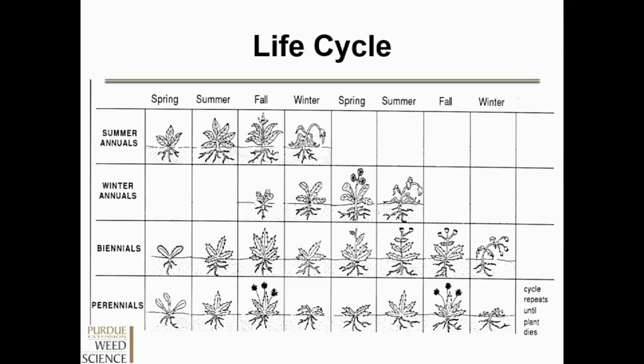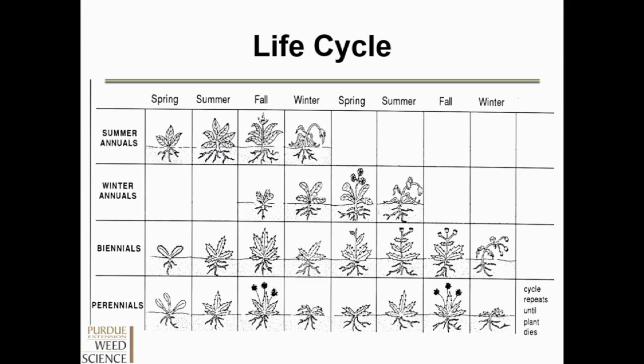Perennials are another weed that we'll face a lot, and these are plants that typically germinate in the spring, enter vegetative stage in the summer, a reproductive stage in the fall, and then they overwinter and begin that process again the following spring. And this cycle will repeat until that plant dies. So it's not just weeds. One thing that we think about for perennials are trees in our backyard.